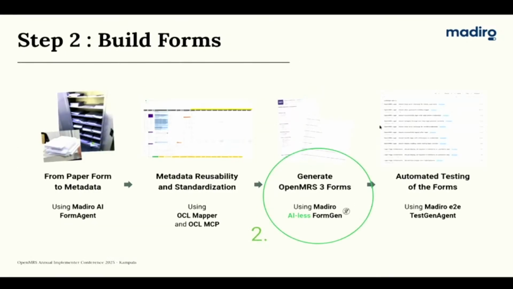So it means that we cover the step of the metadata and defining the concepts. The next step that was the most time-consuming for us is the generation of the forms, generation of those schema that we put in OpenMRS 3, and also including the skip logic, including the calculations that you might have in your forms.